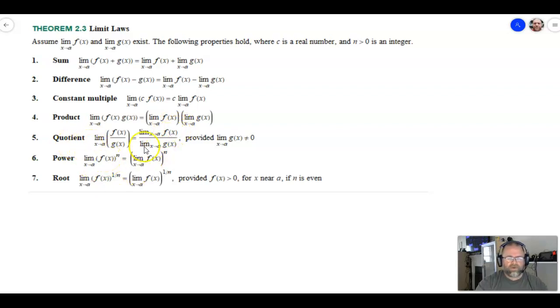The same thing for the quotient, provided that the limit as x approaches a of g of x, that's the bottom limit there, is not equal to 0, because when we try to divide by 0, bad things do happen. This one here says that if we're taking the limit of a function to a power, we can take the limit of just that function and then raise it to the power afterwards.